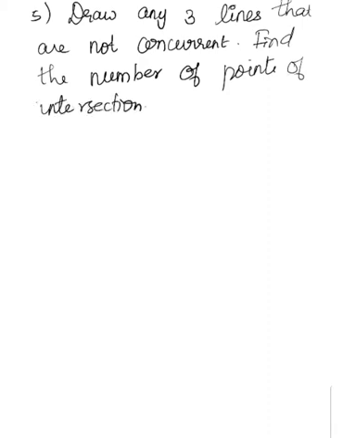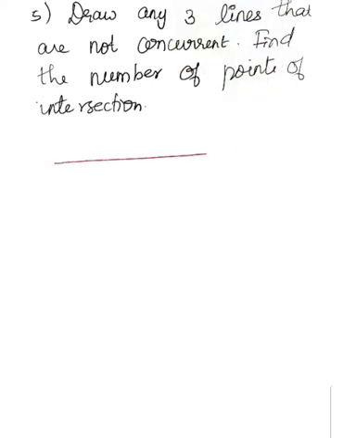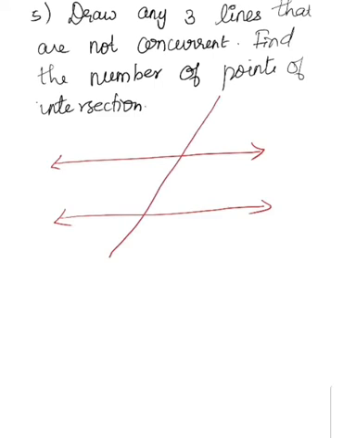So I just draw the line. This is one line, this is one line, and this is one line. I take this as L1, this is L2 and this is L3. This point is the point of intersection, you take X, and this one is Y.